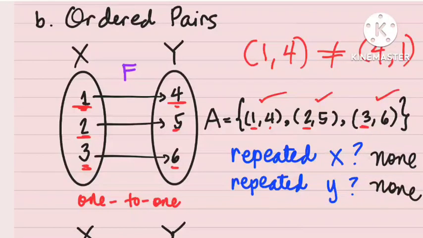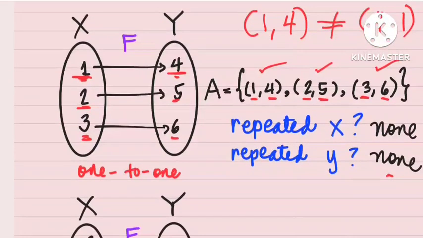So there's none. No element in x is repeated. What about in our range? In y, do we see any repeated values? 4, 5, 6. Obviously, none as well. So, this is a one-to-one correspondence function.